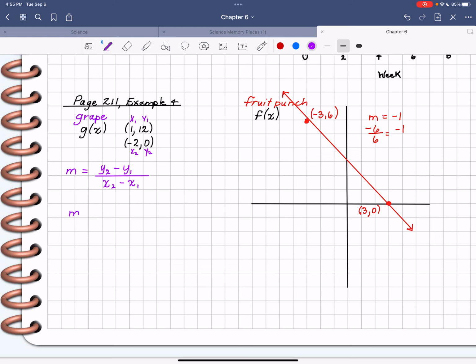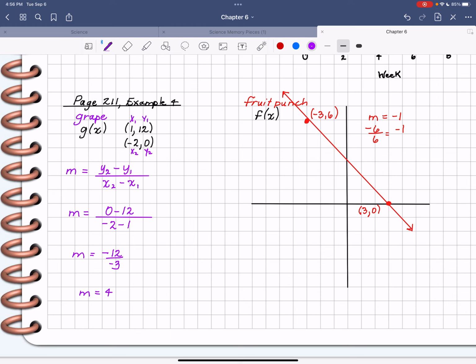When you were learning that, you thought that was the hardest thing in the world. And now, in this picture, that's the easiest thing that we have to do. So 0 minus 12 and negative 2 minus 1 will give me a negative 12 over a negative 3. So the slope of g of x is 4.